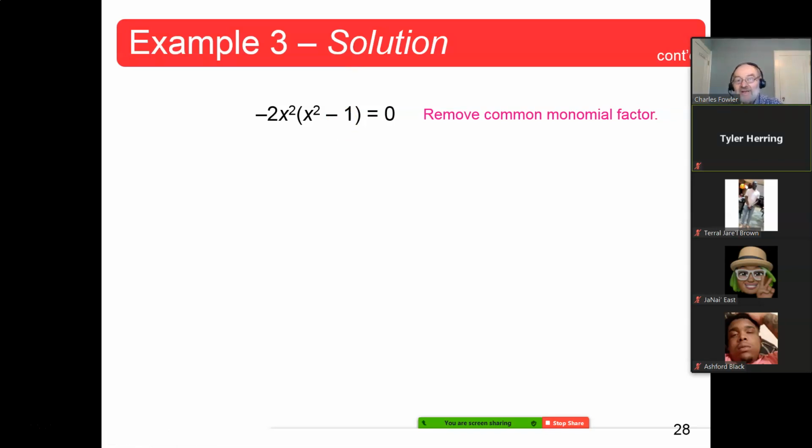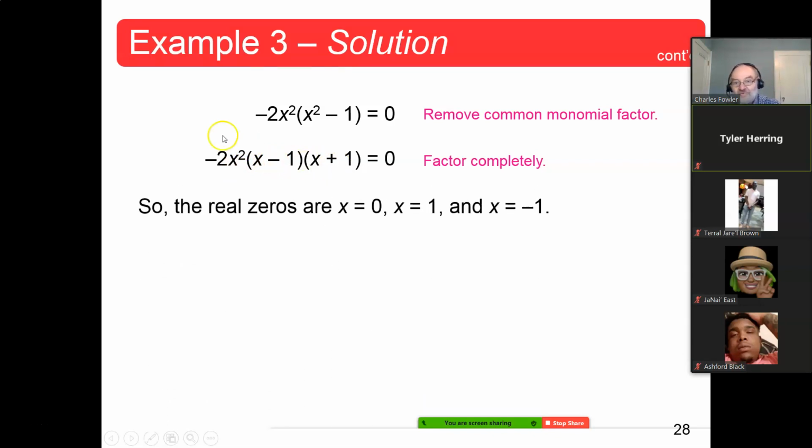Throw that one out. x equals 0 is 2 zeros there. x equals 1 here, x equals minus 1 there. So the real zeros are x equals 0 from here, x equals 1 from there, x equals minus 1 from there. Okay? Factor it completely, set each of them equal to 0. You only have 3 here, even though you thought you could have had up to 4. This one's a double 0 at 0.